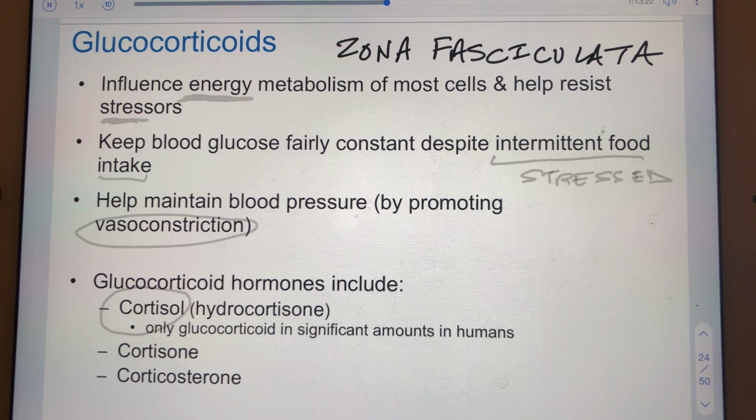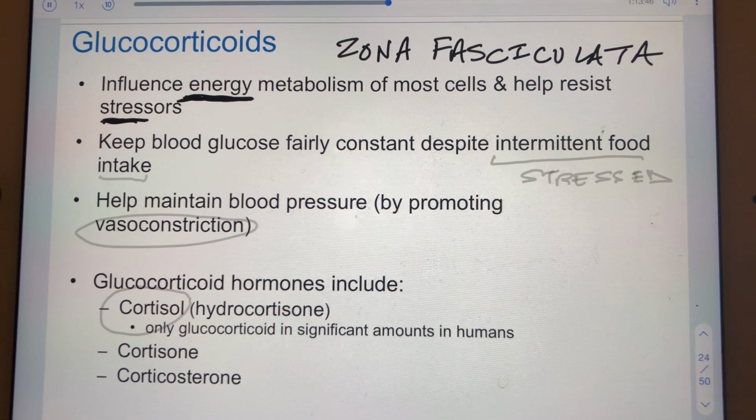Isn't that crazy? Wow. All right, and glucocorticoids influence our expenditure of energy. Therefore, they have a lot to do with influencing metabolism. And they also have a lot to do with stress, but I'll come back to that.